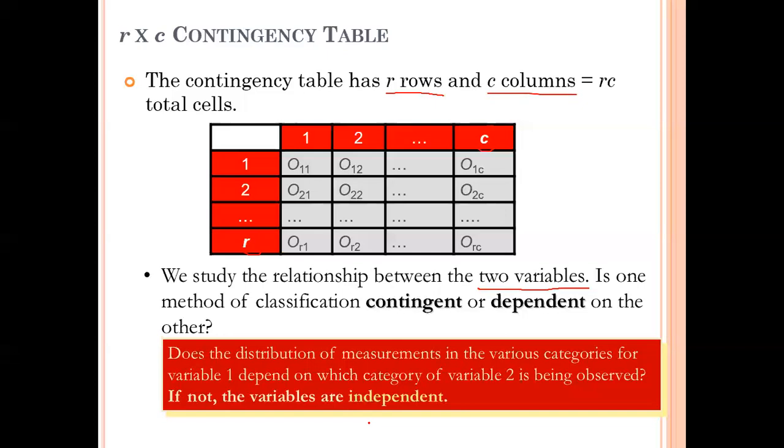But if our test shows that the two variables are dependent on each other, we can say that there is a significant relationship between the two variables, or between variable A and variable B. So that is the test of independence for chi-square test. We refer to the contingency table and also to the total of the cells of the rows and columns.